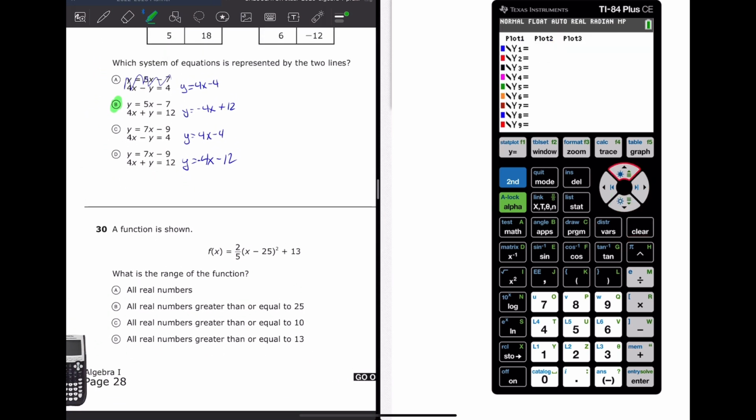Y equals Y1. You want to look at the graph. Again, don't forget to use parentheses on fractions.